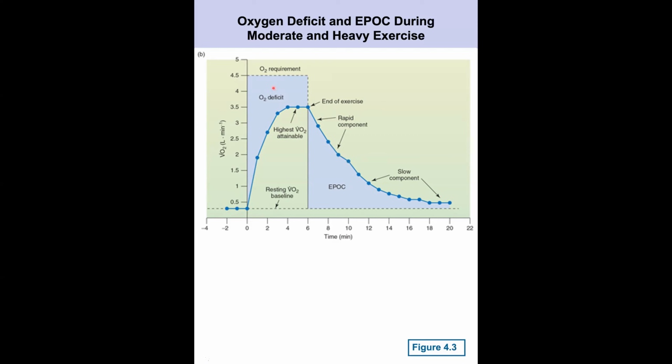And that's because of all that lactic acid accumulation, all the phosphagen system that you were using. It takes a really long time to repay that. So it goes rapid for phosphagen restoration and slow for lactic acid clearance.